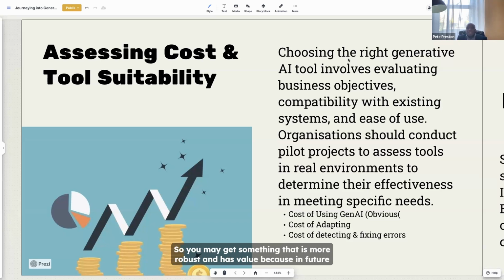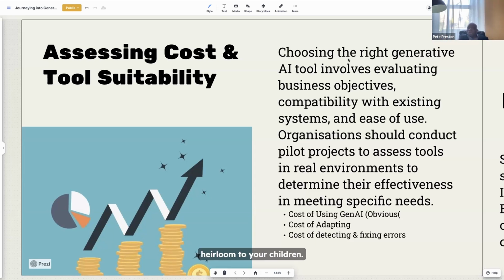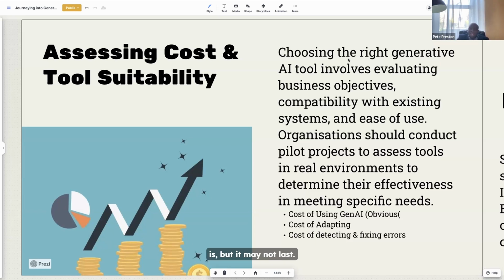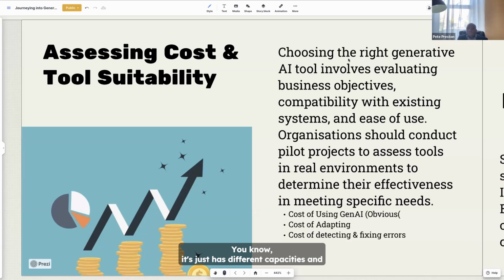You may get something more robust and with value, because in future you want the value of this furniture to go up. You want to be able to pass it down as an heirloom to your children. So that's your reason to spend more on that. Whereas if you get an IKEA product, you know that it will do the job as it is, but it may not last. It just has different capacities and capabilities.